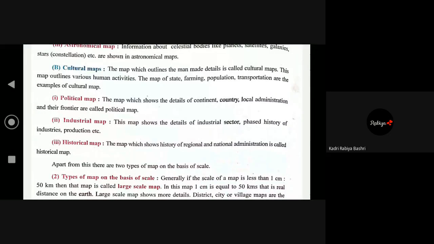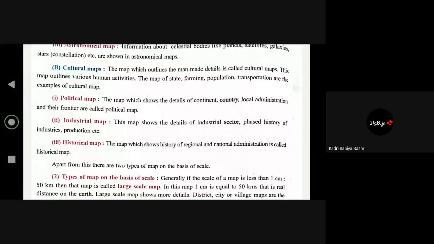So what all do we see on a political map? We have already learned the political map from class 5th, about all the states I have made you learn. Apart from that, we have learned continents, right? Apart from that, beta, countries, local administrations, and their frontiers are all called political maps.